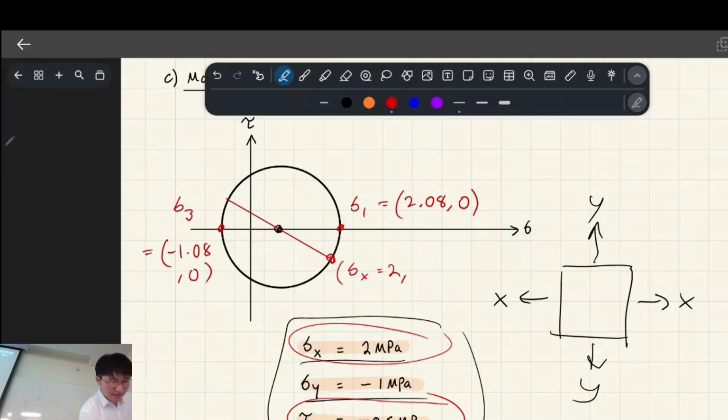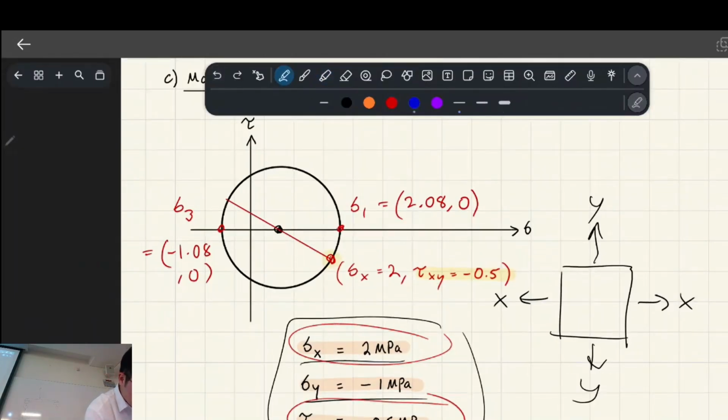It's because the shear stress that we're given in this question is negative 0.05. Do you get what I'm saying? So negative 0.05 is under y equals 0. So on the Mohr circle, it has to be a point that's this way.